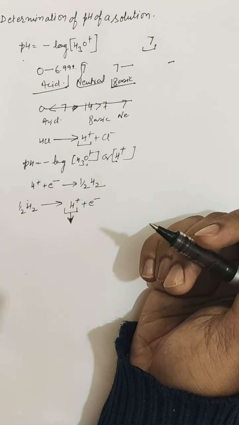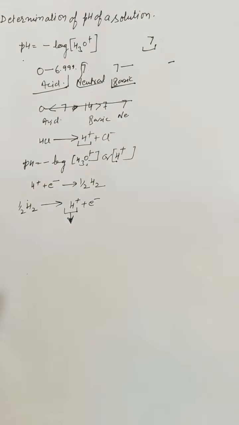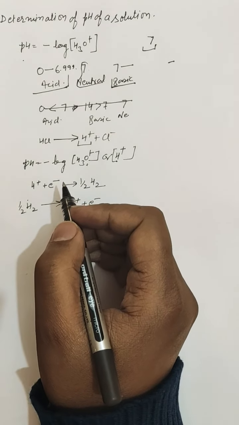A standard hydrogen electrode containing a solution of unknown pH is coupled with a standard calomel electrode.